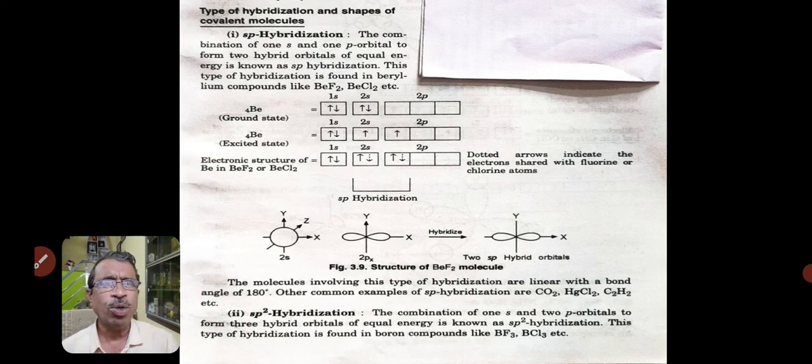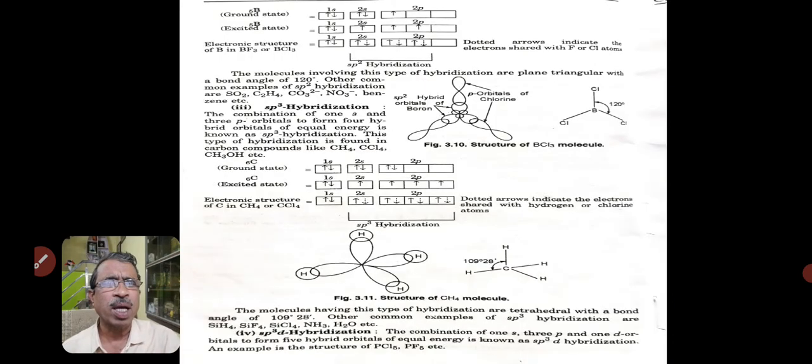So this slide shows the description of sp hybridization, taking an example of beryllium fluoride or beryllium chloride. This slide shows sp2 hybridization and sp3 hybridization, taking an example of boron trichloride as well as a methane molecule.